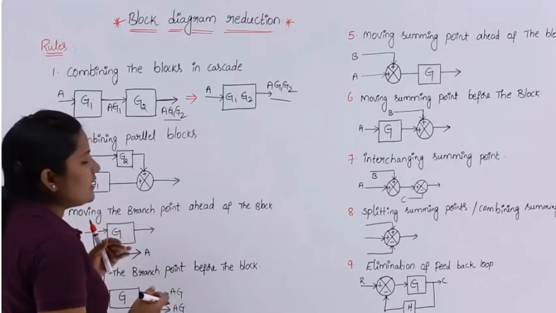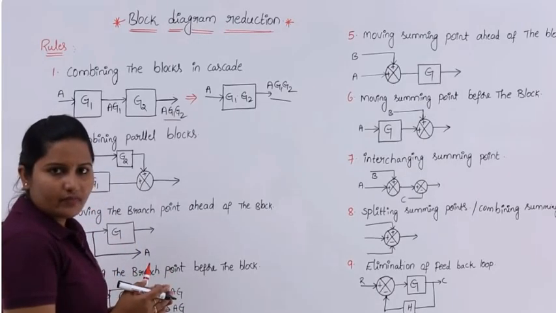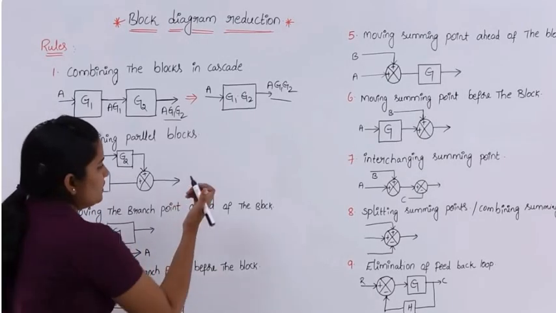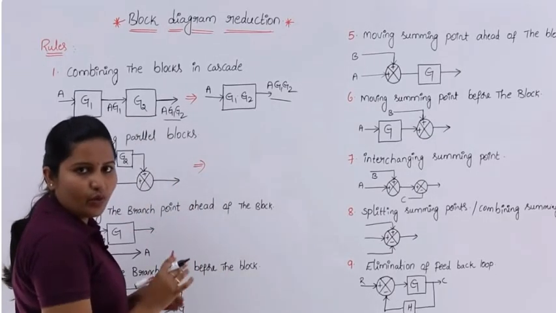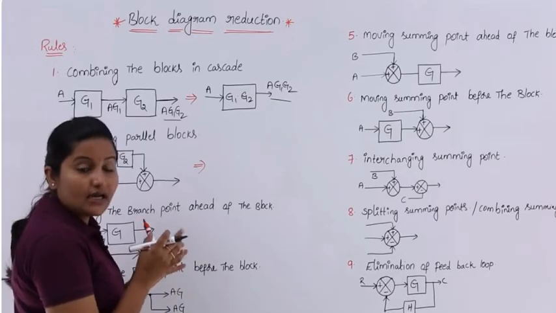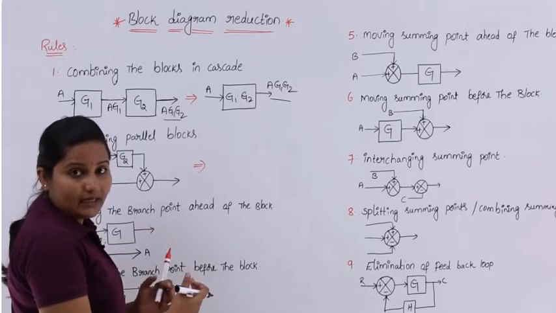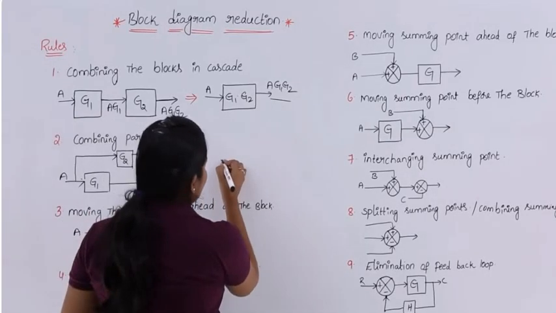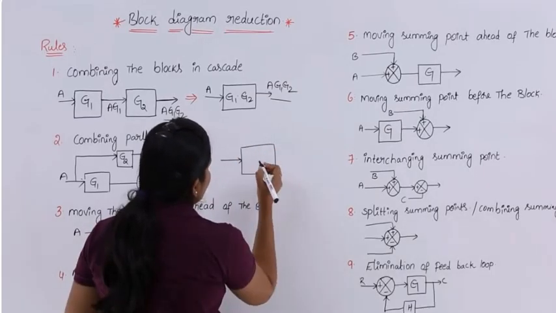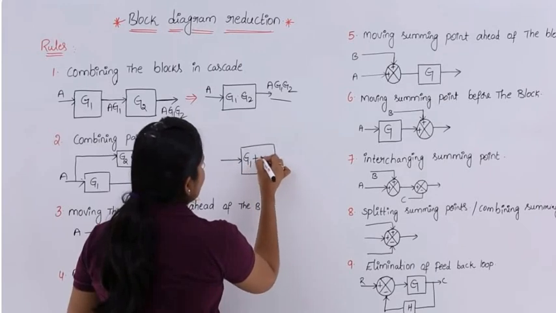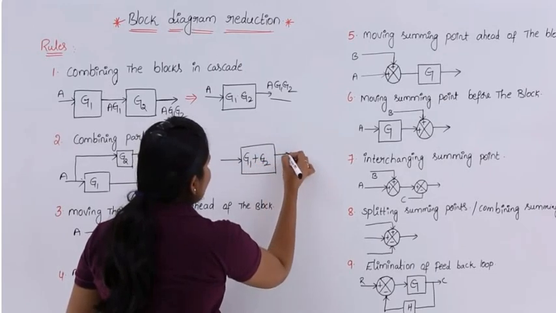We can combine parallel blocks by using addition. Just by adding the gains G1 and G2, you are going to get the same output.